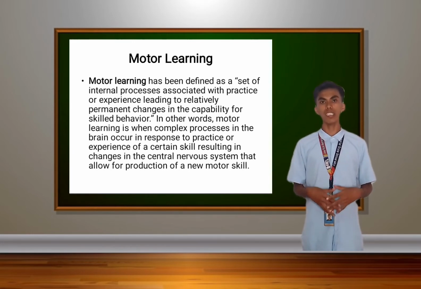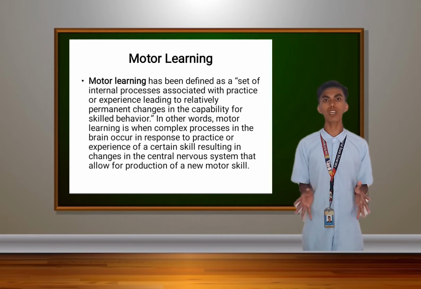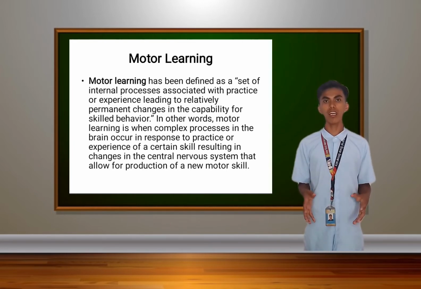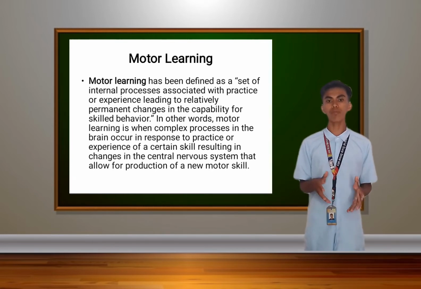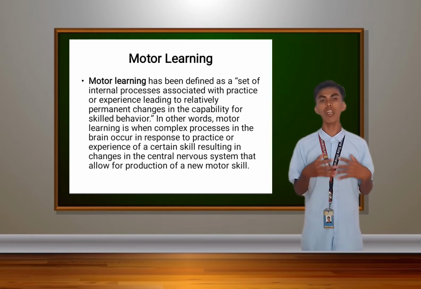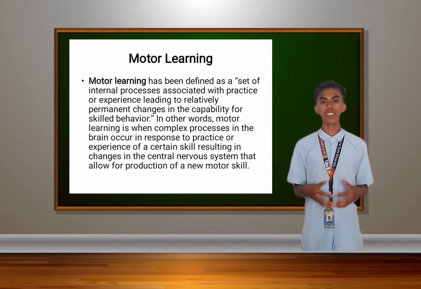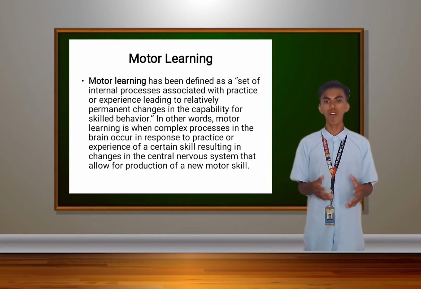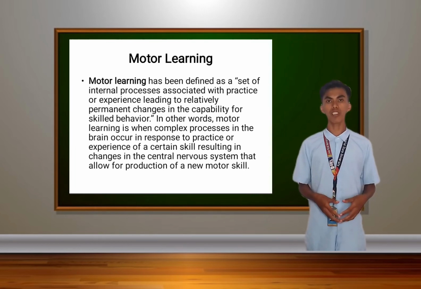So motor learning is a process in which a person will develop or improve his motor skill during the execution. In other words, motor learning is when complex processes in the brain occur in response to practice or experience of a certain skill, resulting in changes in the central nervous system that allow for production of the new motor skill.